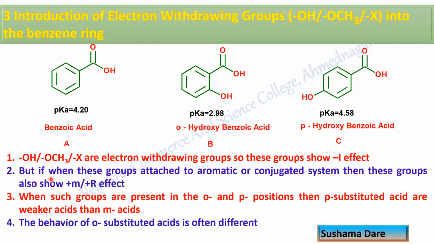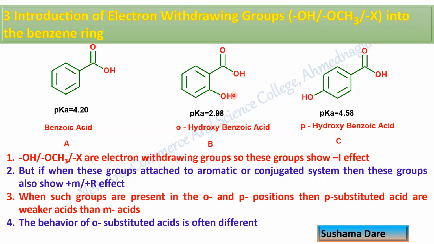But when these groups attach to an aromatic or conjugated system, then these groups also show electron donating mesomeric effect or resonance effect. So remember, when they are alone or not attached to a conjugated system, these groups always show minus I effect.